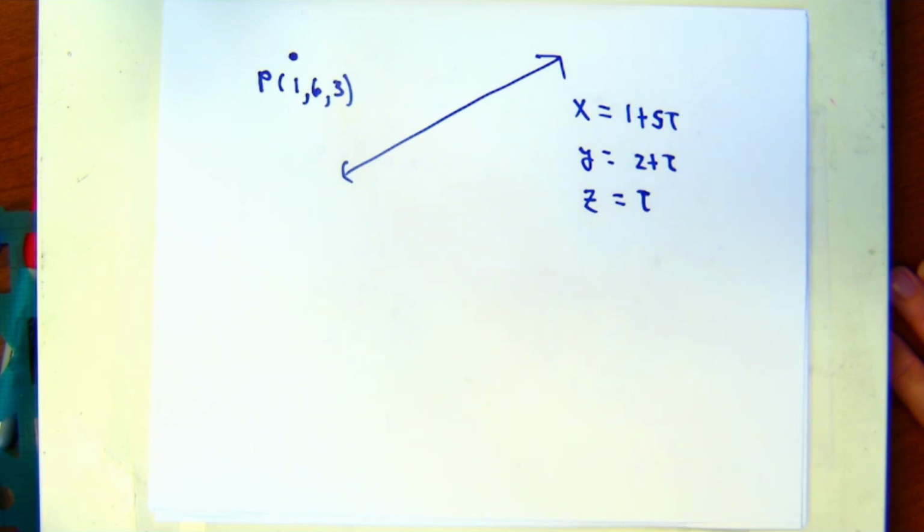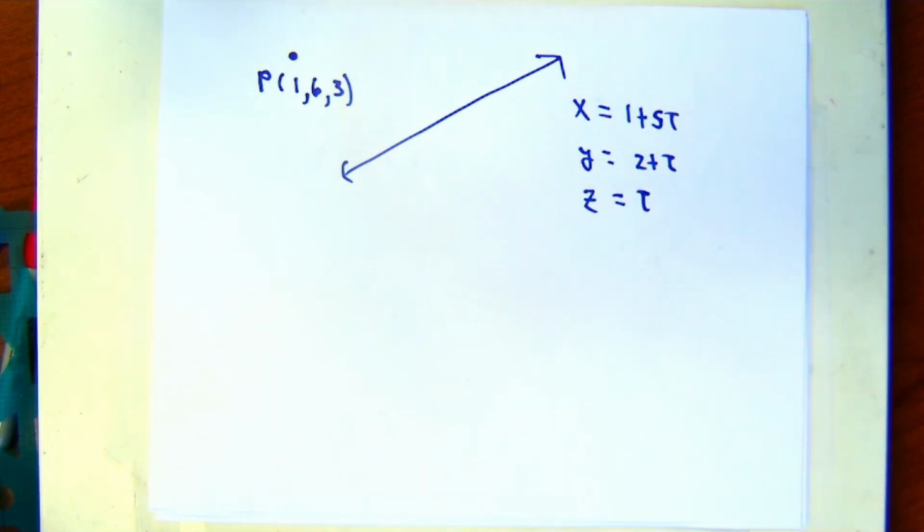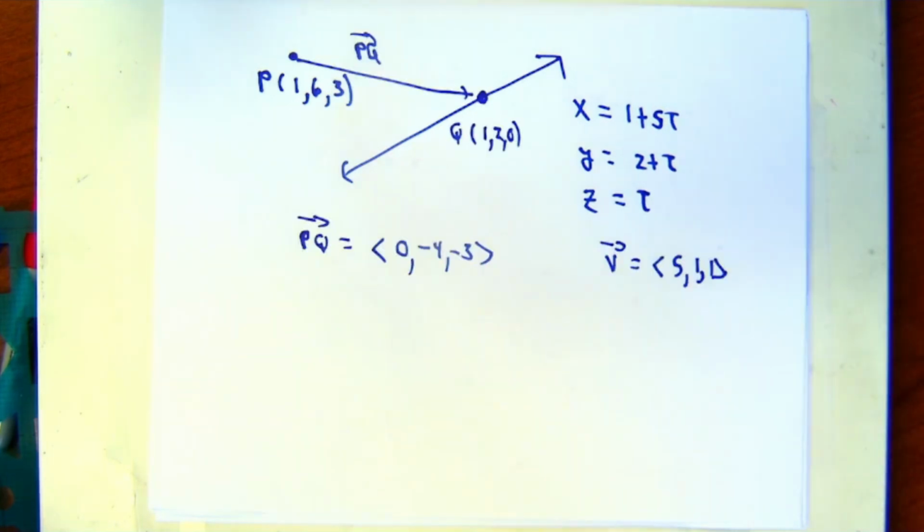To get going, I do need a point on the straight line. Any point will do. So set t equal to 0 here. Do the usual end minus start.